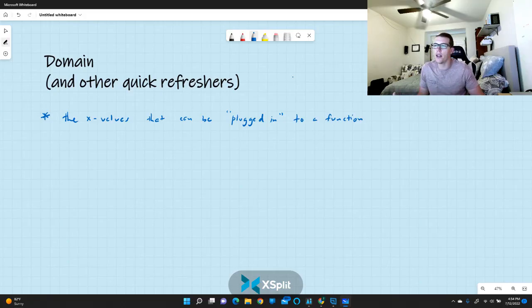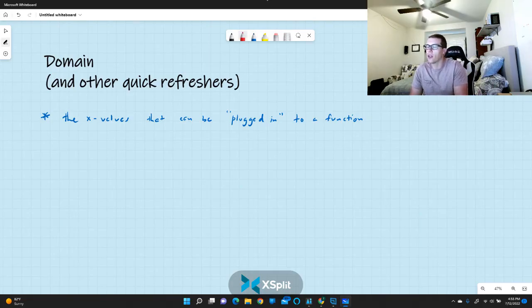So when you plug it in, you get something out. If you plug in 4 to whatever the function is and you get out a number 7, bam, 4 is in the domain of the function. If you plug in 4 and you get undefined, then 4 is not in the domain of the function. That's really what domain is all about. It talks about which set of values we can plug in and which ones we can't.